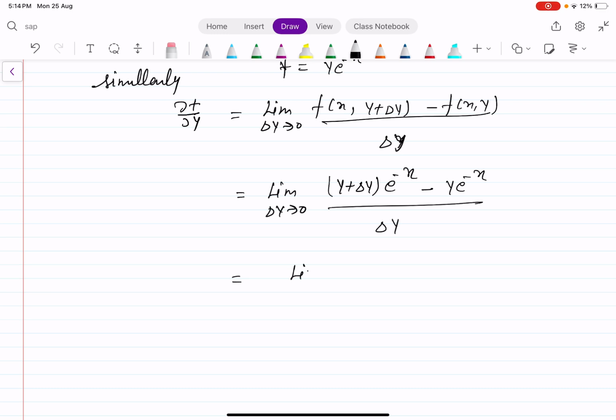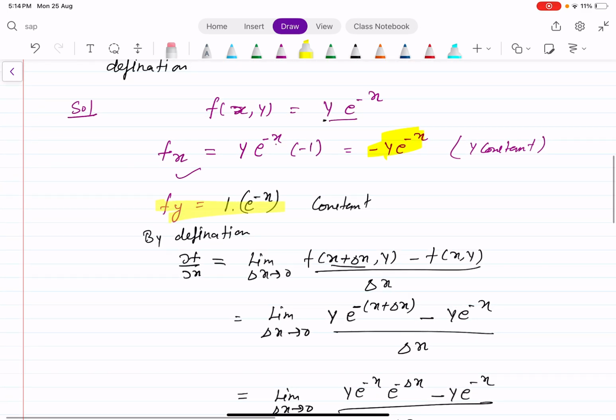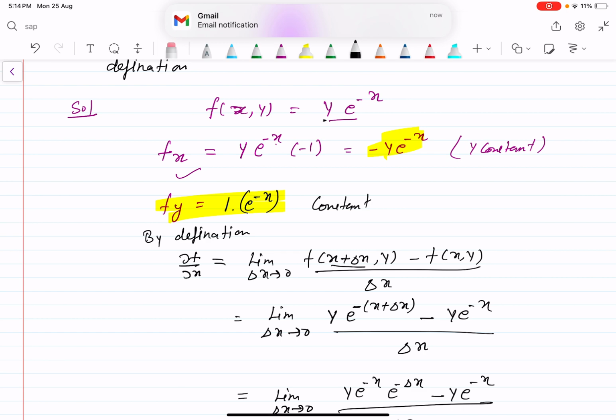This comes out to be the limit as delta y tends to 0 of delta y e raised to minus x upon delta y, which is e raised to minus x, because delta y gets cancelled. So del f over del y computed by definition is the same as we got before. This is called partial derivatives. Next, let's do one more question.